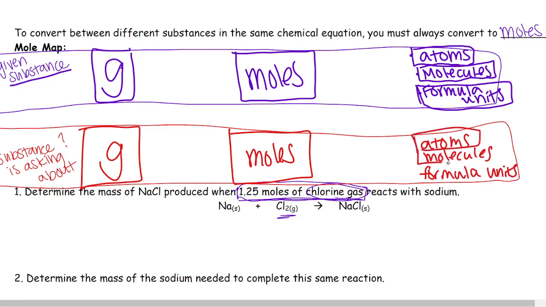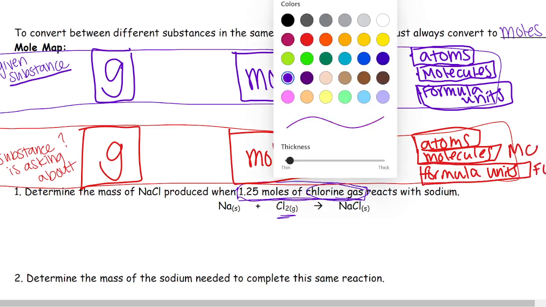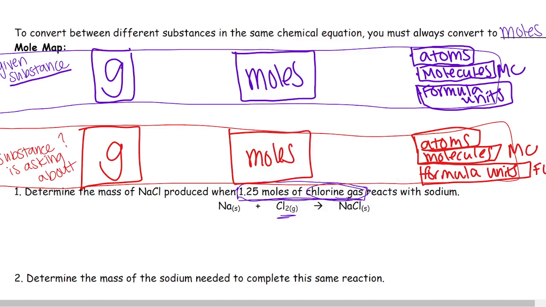The abbreviations for these, you probably have on your periodic tables, but remember that molecules we represent as MC, and formula units we call FUN. Up here, molecules we call MC, formula units FUN. If those look familiar, that's what they stand for.